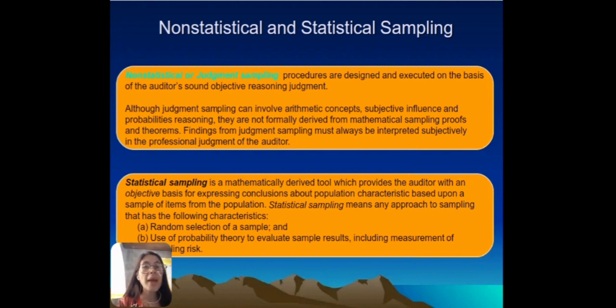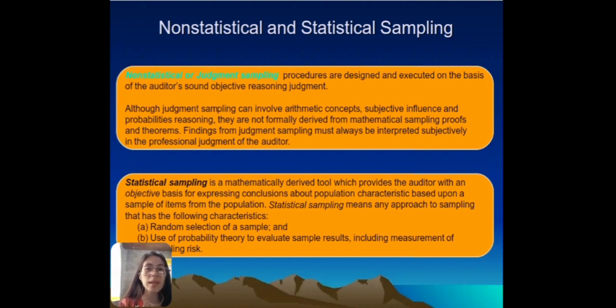The next one we have is statistical sampling. It is a mathematically derived tool which provides the auditors with an objective basis for expressing conclusions about a population's characteristics based upon a sample of items from the population.